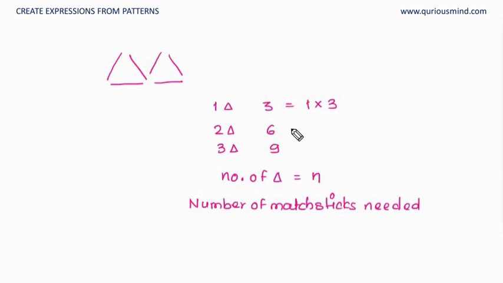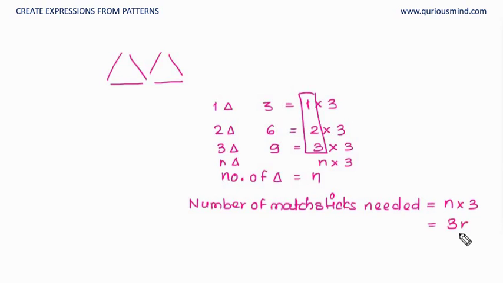If number of triangles is 2, then this is equal to 2 into 3. If number of triangles is 3, then this is equal to 3 into 3. So if number of triangles are n triangles, then how many are needed? n into 3, or can be written as 3n. So this is a formula to find number of matchsticks needed to make the number of triangles. So this is very simple.